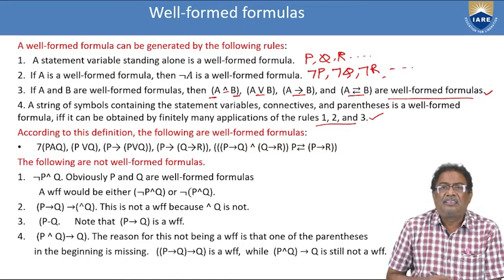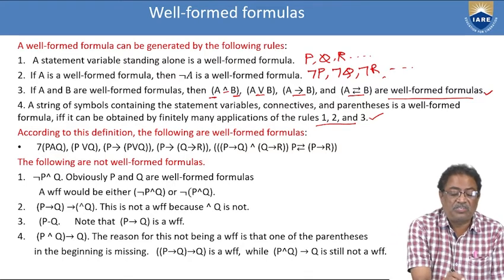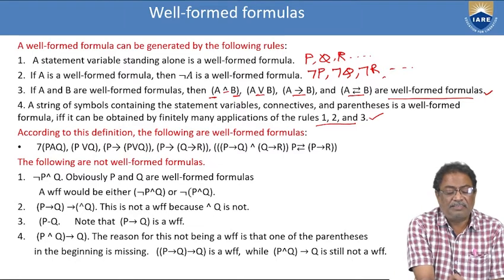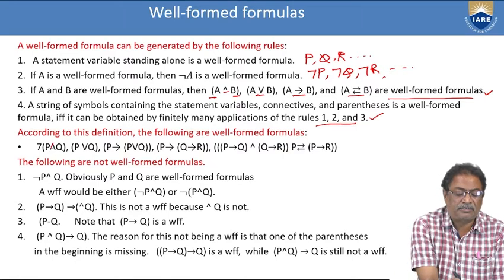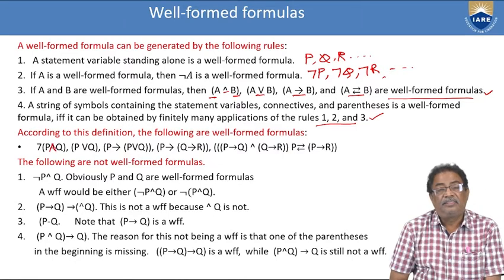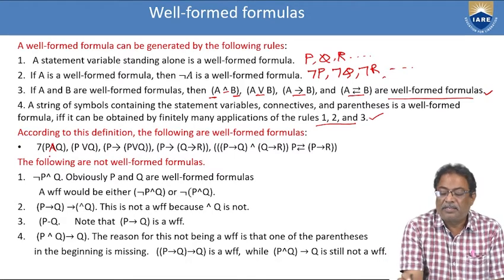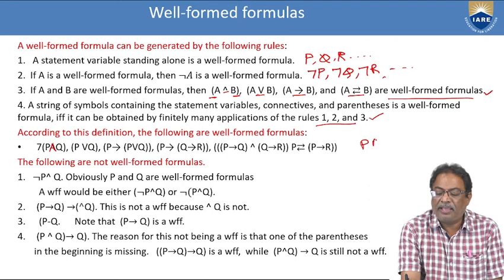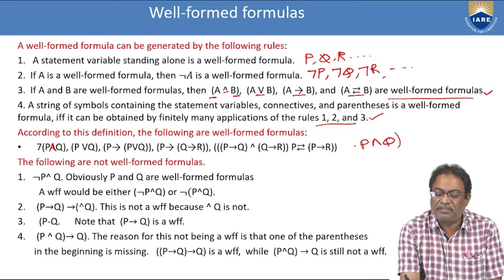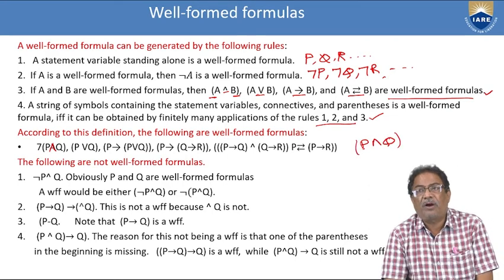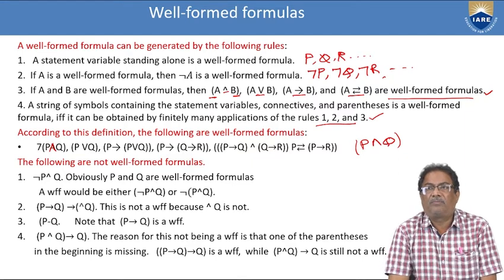What are some examples? They are mentioned here. Let us first concentrate on P and Q. This is AND. Already we said that P and Q is a well-formed formula because P is a well-formed formula and Q is a well-formed formula.